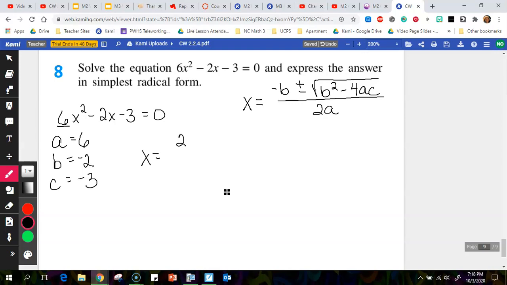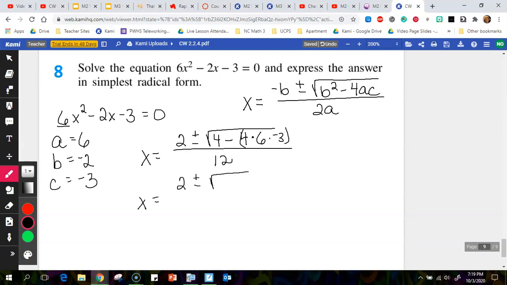X equals 2 plus or minus the square root of -2 squared, which is 4, minus 4 times a times c, 4 times 6 times -3. And I'll work that out in just a second. And then that's over 2 times a, which is 12. X equals 2 plus or minus, let's work this stuff out under here. 4 times 6, 24 times -3, -72.